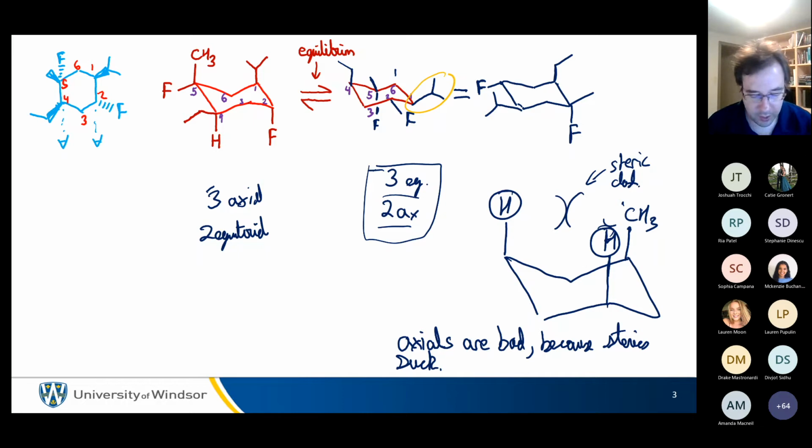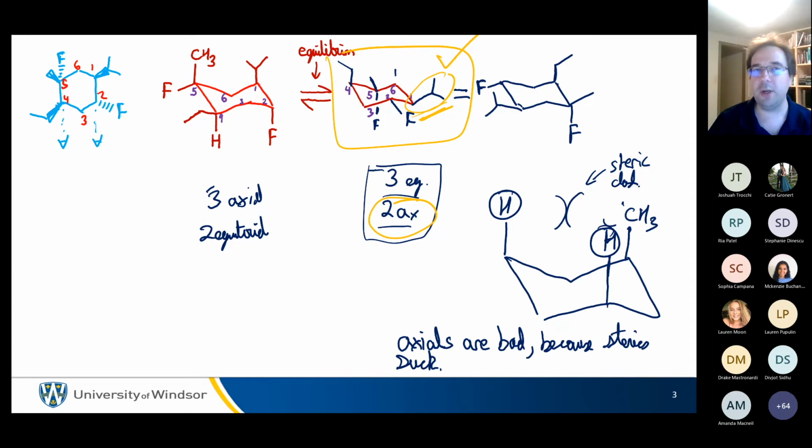We'll see. So you want the biggest thing equatorial. That's our biggest thing. The biggest thing being equatorial is also the one with the fewest axial things. This guy's our most stable. Check mark. It wins on both cases. Our total A value count's going to be lower. You can normally just take the biggest thing and run with that. 90% of the time, that's accurate.